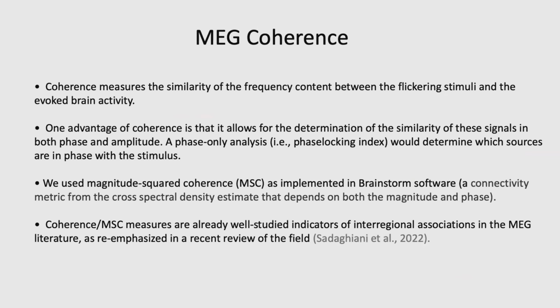Okay, so this is the same data now, but I'm just going to analyze it with a slightly different metric. Coherence is a cool metric, because now we can be sensitive not only to the power of those fundamental frequencies, but also the relationship of the phase, and how consistent the phase of those signals is compared to the source of the flicker, which is the stimulus itself.